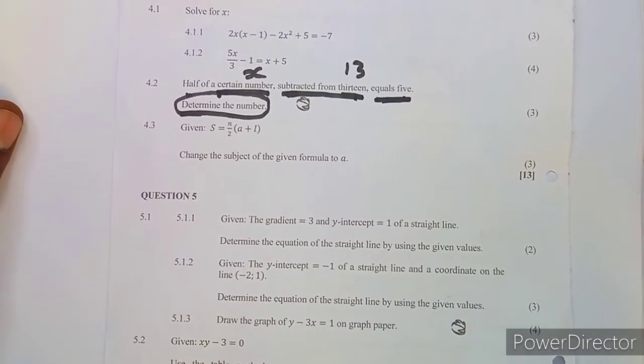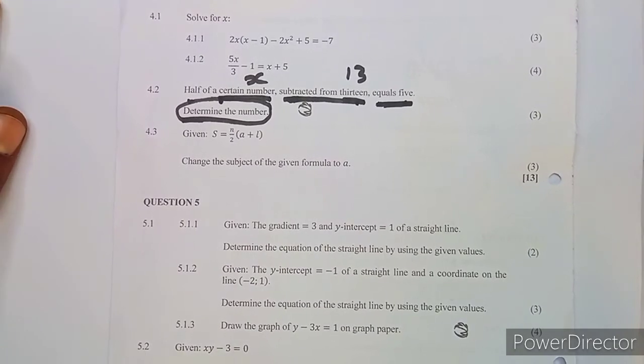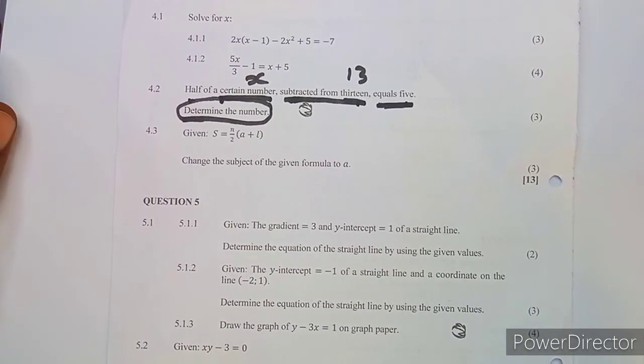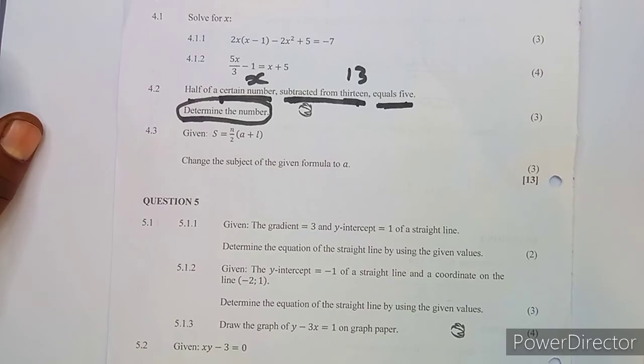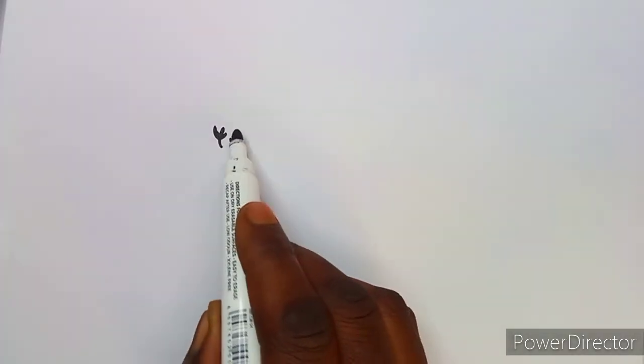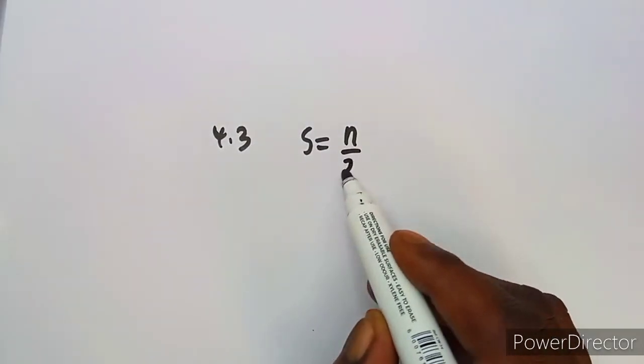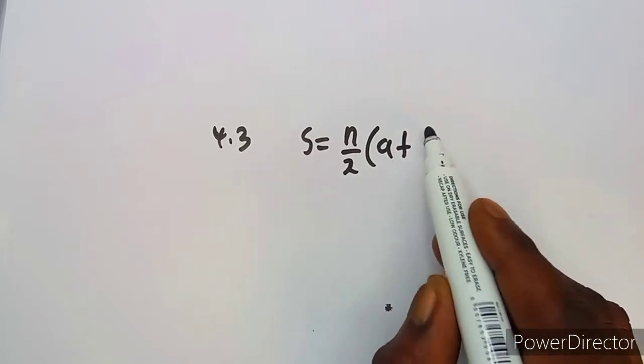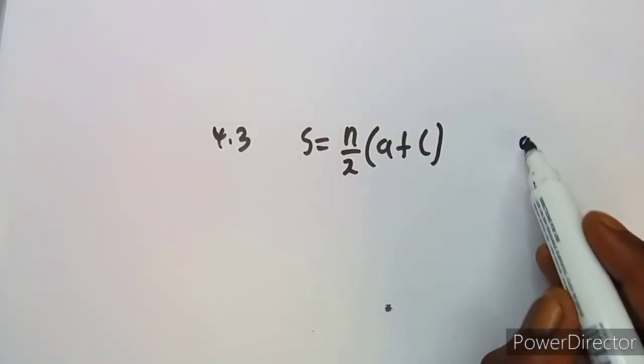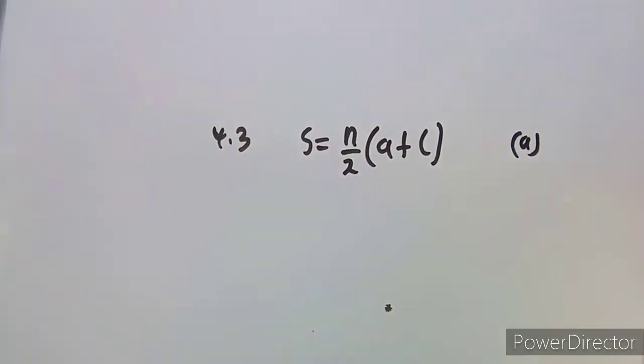Given that s is equal to n over 2 into a plus l, make or change the subject of the given formula to a. So we want to make a to be the subject on 4.3, where we are given that s is equivalent to n over 2 into a plus l, like this, and you want to make a to be the subject.